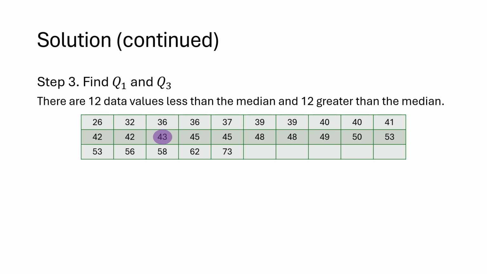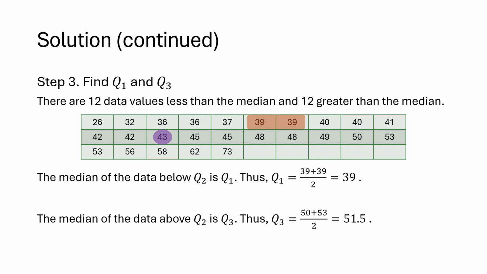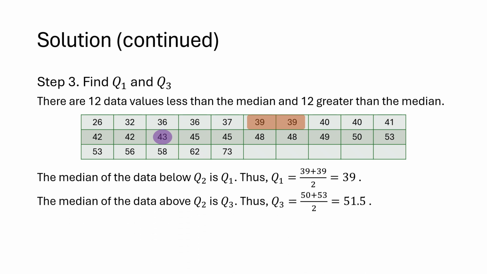The median of the data below Q sub 2, which is our median 43, is our Q sub 1. Since there are 12 values, it must be the average of the 6th and 7th values, so our Q sub 1 is 39. On the other hand, the median of the data above Q sub 2 is our Q sub 3.